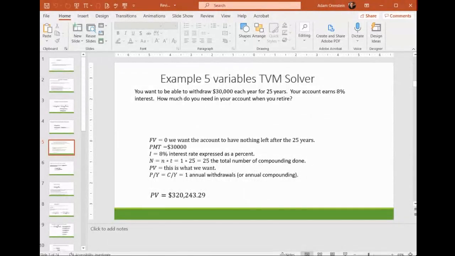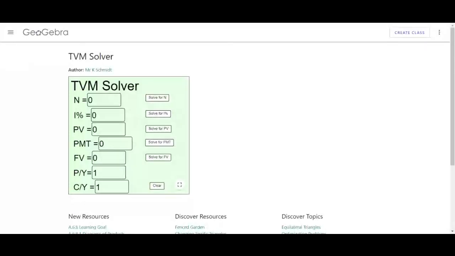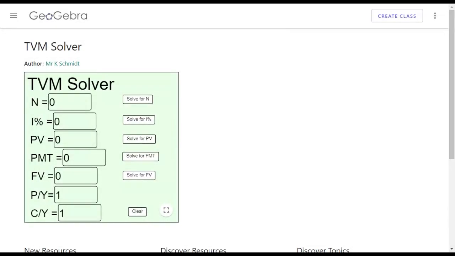So here we go. Let me share the TVM solver with you. I gotta stop sharing this. Here it comes. So we're going to put in our data, right? Capital N, what's that equal to?